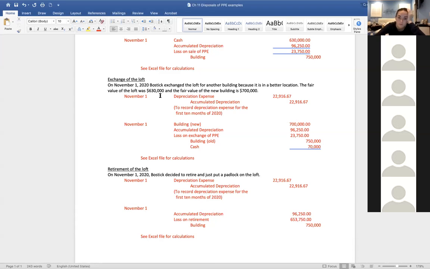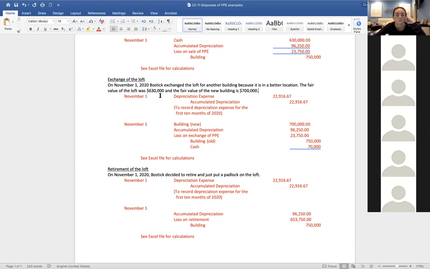So the person down the street gave me a building with a fair value of 700,000. What did I give them? A building. 630. So is that a fair deal? No. How am I going to make it a fair deal? Paying $70,000 to make it equal fair value. I have to pay the $70,000 in order to make it equal value.